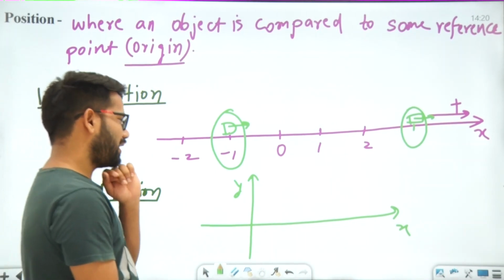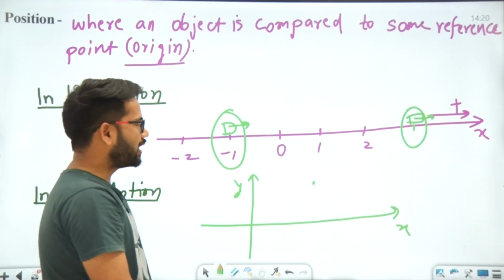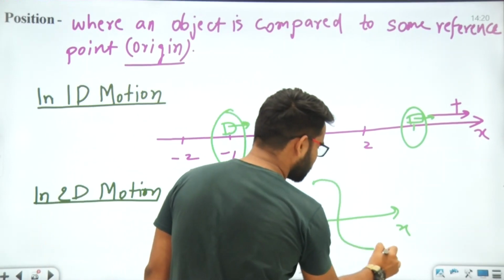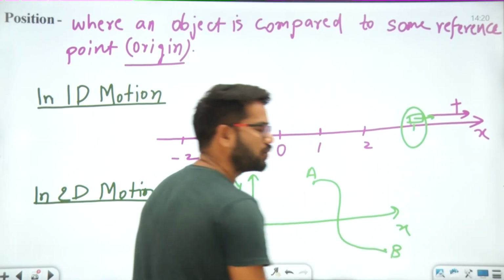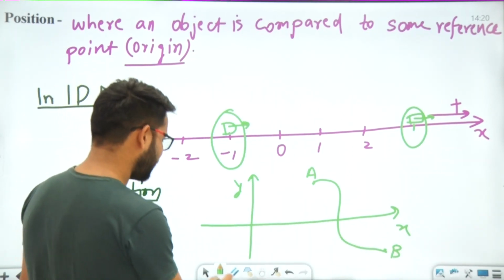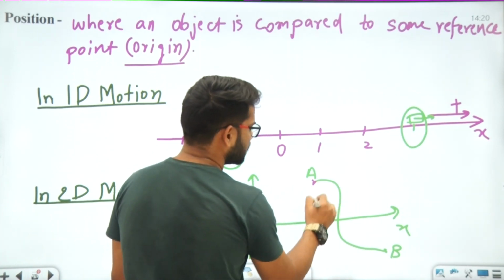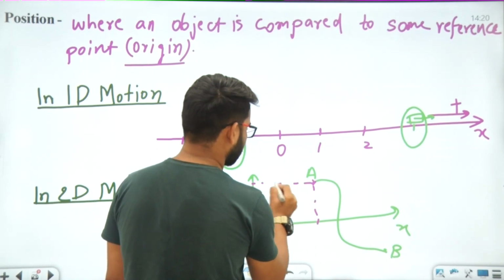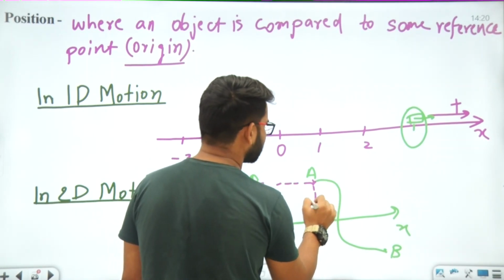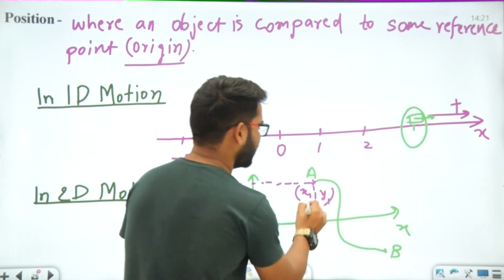Now, if I have to say this is some position and a particle is moving from here to somewhere here, now we will be able to compare these positions, right? This position has some x coordinate, right, and some y coordinate. So we can write this position as x1, y1, right?